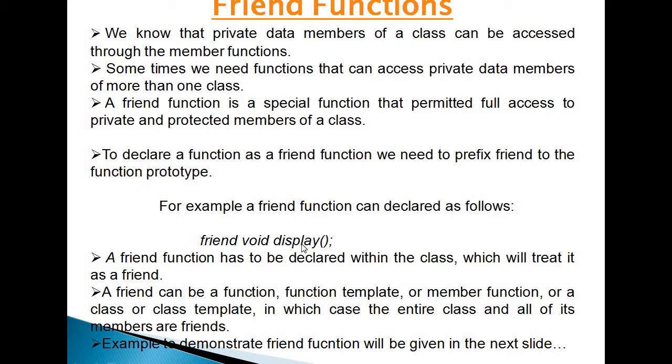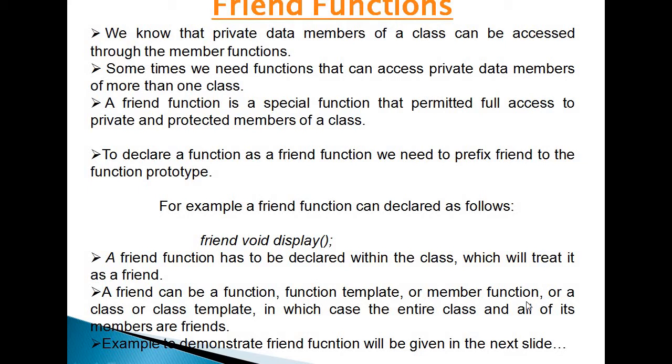Then this function becomes a friend of any class where we declare it. A friend function has to be declared within the class which will treat it as a friend. Suppose void display is a friend function, then we declare it inside the class in which it is going to be a friend.